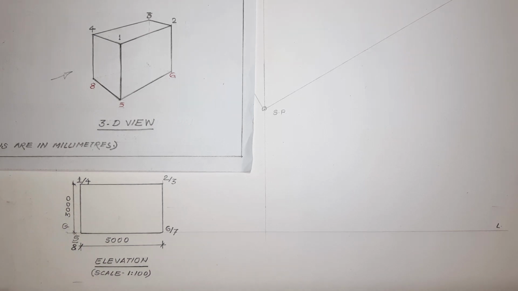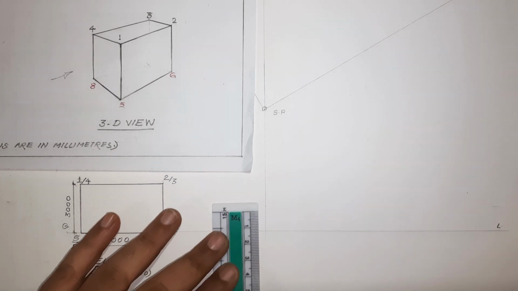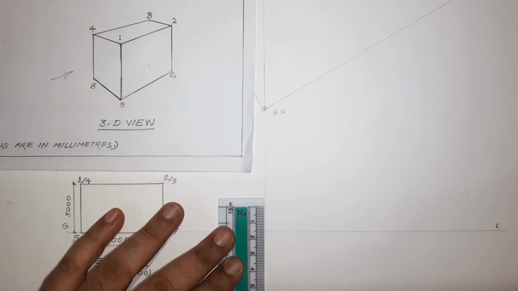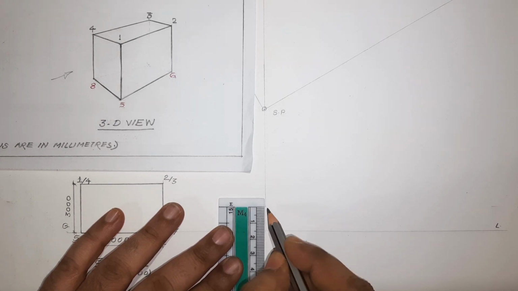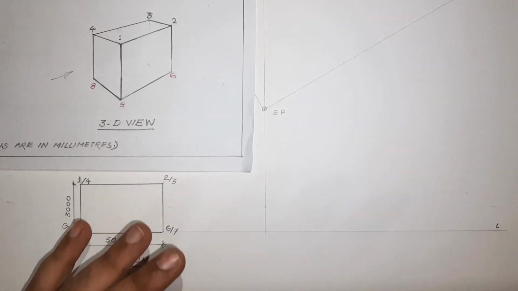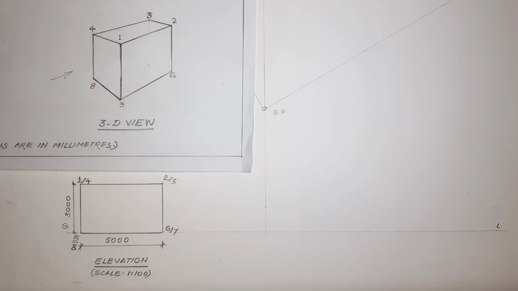Next thing is to show eye level or horizon level, which is shown at a 1.5 meter height. So a 1.5 meter distance will be taken here on this vertical line. Through this 1.5 meter distance, we will be drawing a horizontal line, which is taken as the horizon.